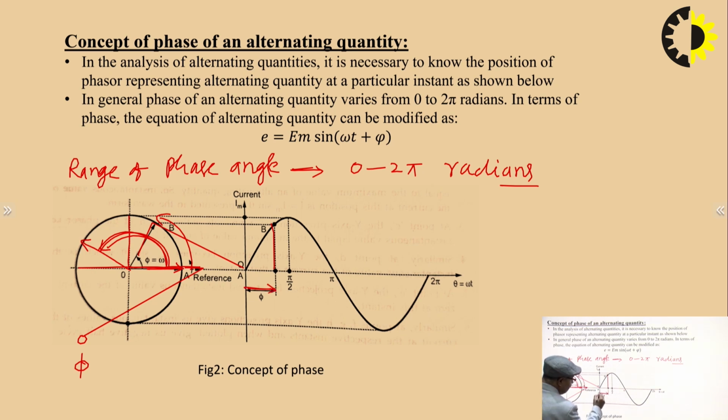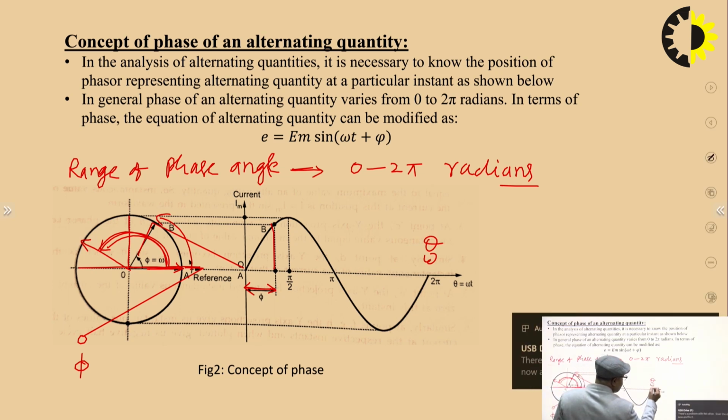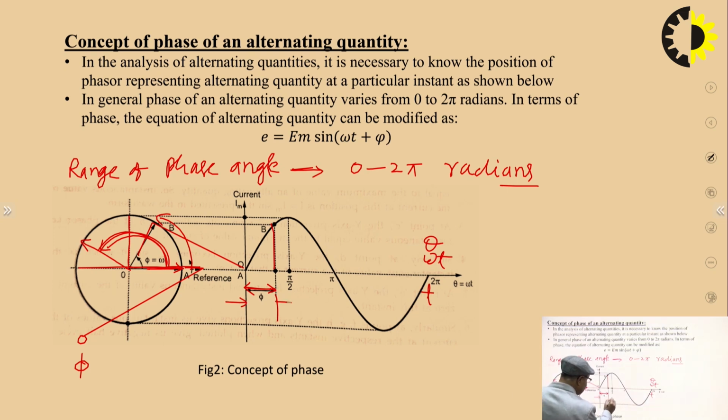This axis is the theta axis, or omega t axis, or time axis. So this angle we call the phase angle. When it was here, the phase angle was 0; when it is here, pi by 2; here, 90, and so on.